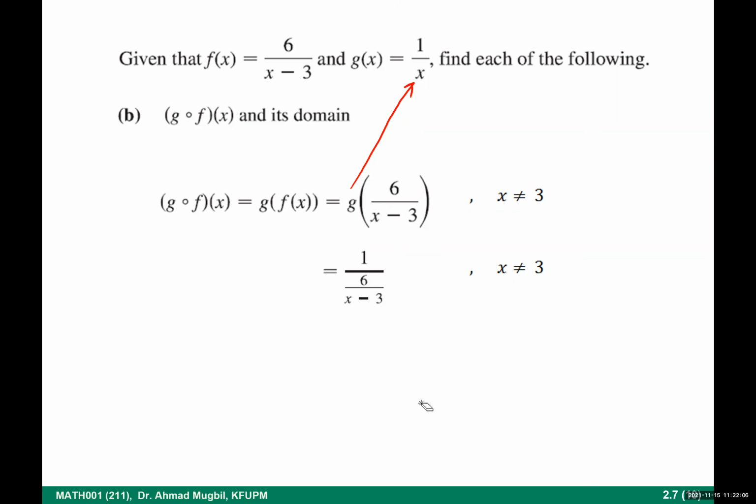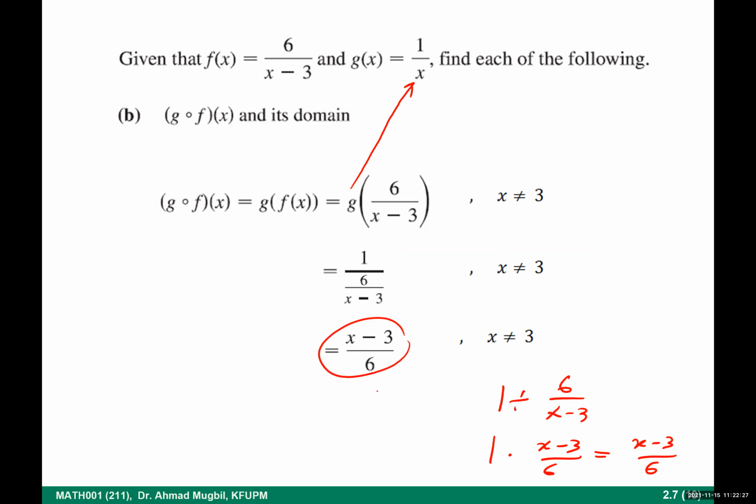Now you can take the reciprocal, because this is 1 divided. Look at the main fraction bar, because you may make a mistake here. It is 1 divided by 6 over x minus 3, which is 1 multiplied by x minus 3 over 6, which will be, of course, x minus 3 over 6. Now look at the final expression. If you forget to put this condition, what will you say the domain is?